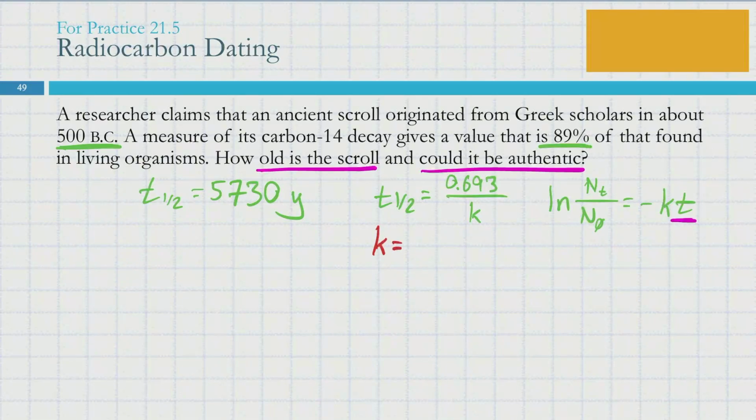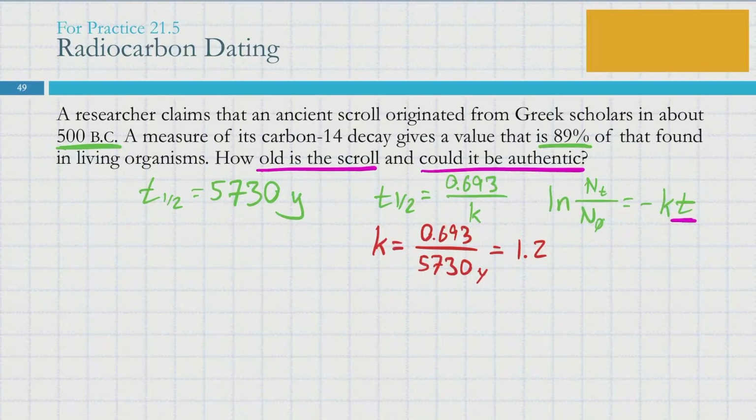So K is 0.693 divided by the half-life. So 0.693 divided by 5,730. How did we get the 5,730 years?